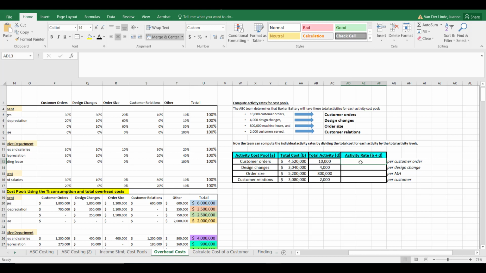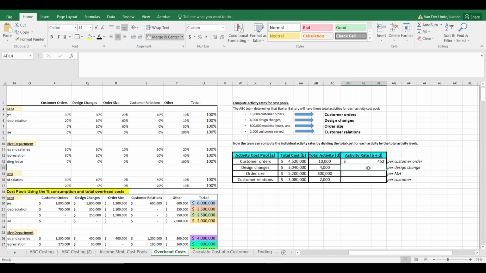Very similar to how we calculate a POR. So here I'll take that $4.52 million and I'm going to divide it by the total activity in that cost pool. So the activity rate for the customer orders is $452 per customer order. So essentially that's how much overhead, non-manufacturing and manufacturing overhead, is incurred when one customer order is made.